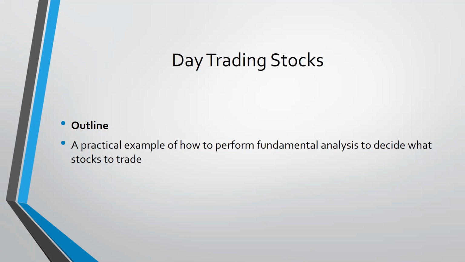This is how I trade stocks. This is what you need to do to trade stocks. You need to perform fundamental analysis, and you need to perform technical analysis. Now, there are many traders who trade stocks and only apply technical analysis. But when you apply only technical analysis, you ignore the fundamentals, the reason why the stocks are moving in a particular direction. The technical analysis might suggest that the stock should go in a particular direction.